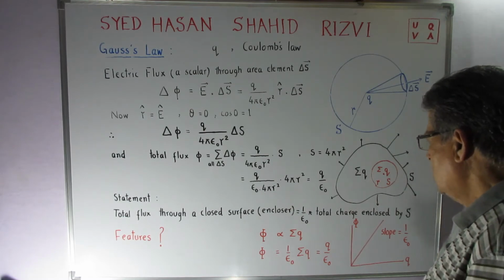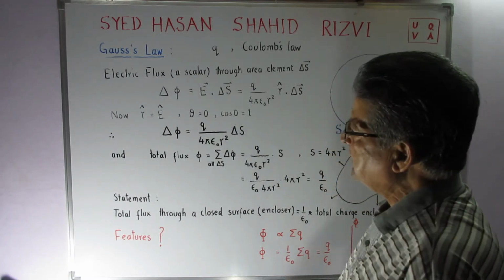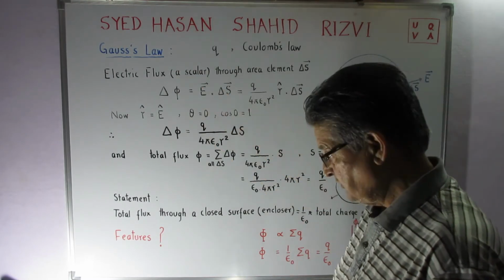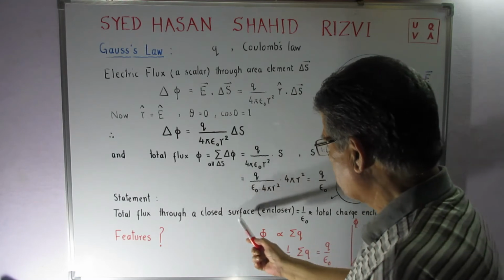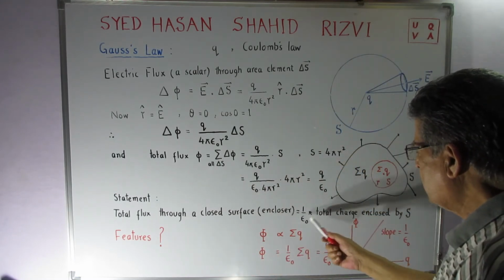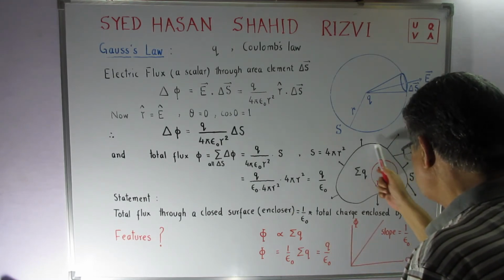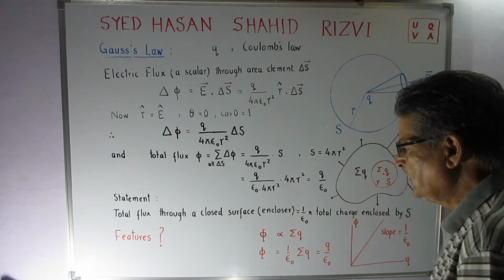So let me tell you the statement of Gauss's law: the total flux through a closed surface enclosure is equal to 1 upon epsilon naught into the total charge enclosed by this surface, inside.